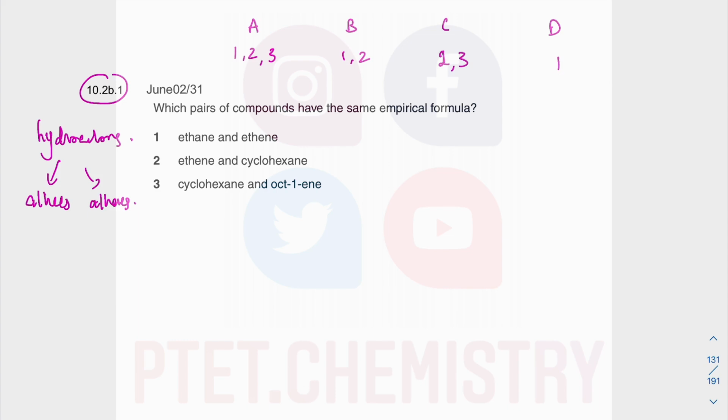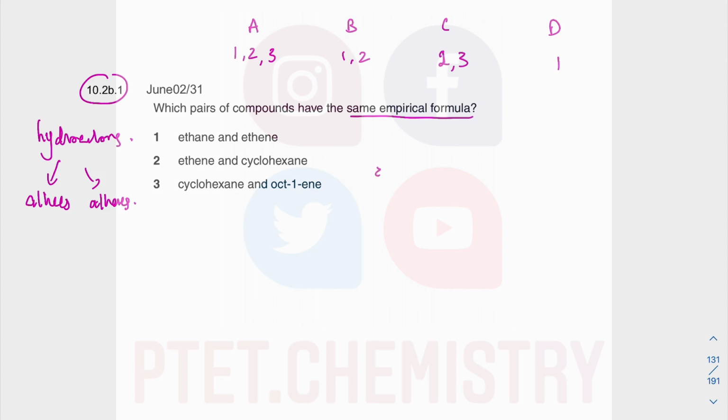Alright? So here, which pairs of compounds have the same empirical formula? The definition of empirical formula is stated in topic 1 under atoms, molecules, and stoichiometry, and you are supposed to have defined this in O-level as the simplest ratio of atoms in the compound.